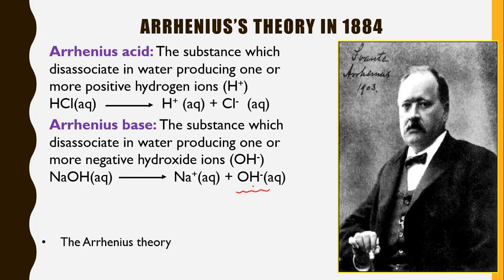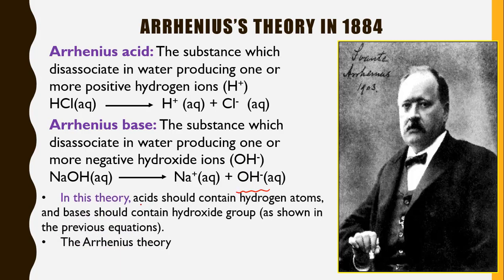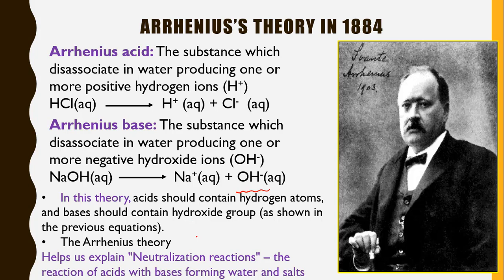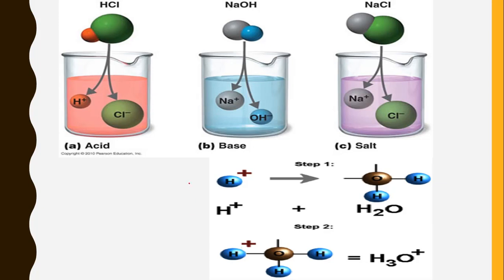So it is considered an Arrhenius base. In this theory, acids contain or give positive hydrogen ion when dissolved in water, while bases contain negative hydroxide ion. This theory helps to explain the neutralization reaction of acid and bases forming salt and water.